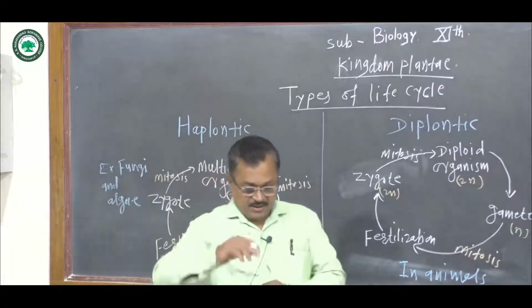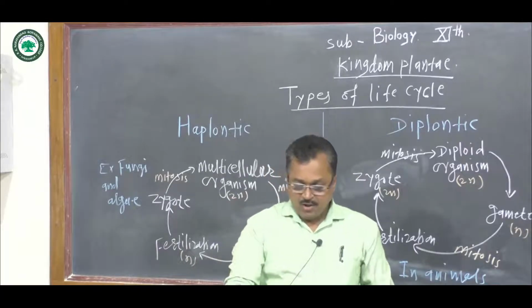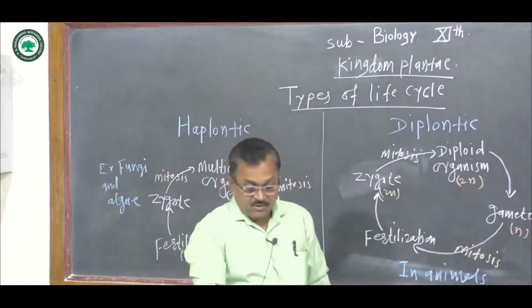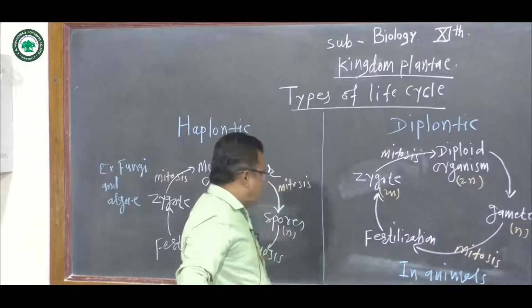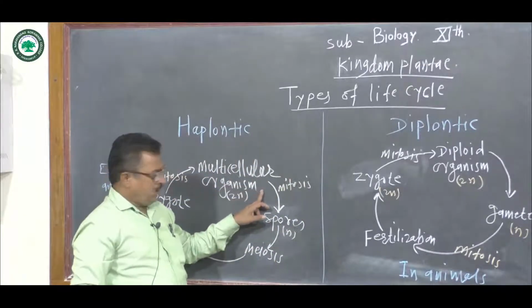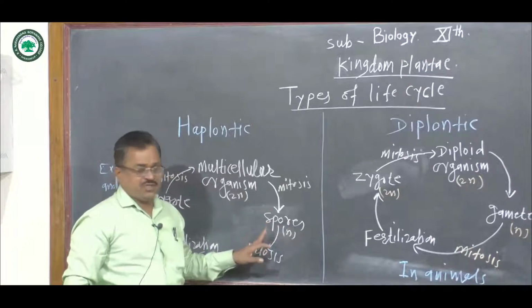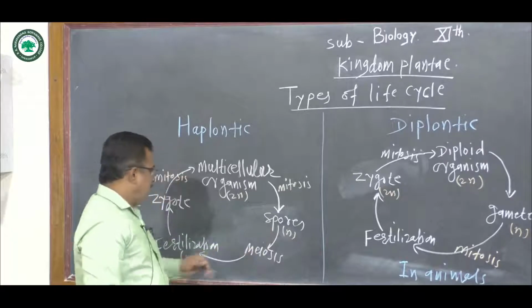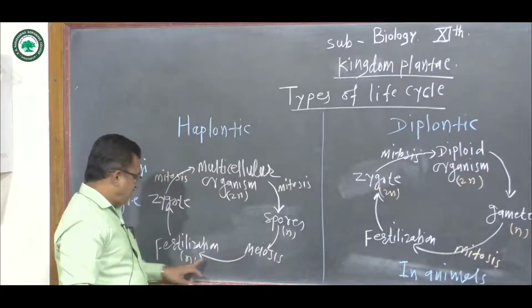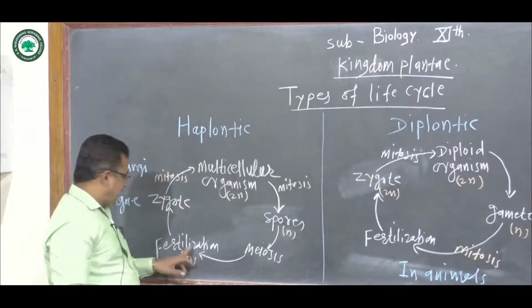Then that results in the formation of single haploid cells or multicellular organisms. These forms produce the gametes. Multicellular organism, they produce the gametes. Spores are formed by meiosis, and then these gametes fuse to each other, that is fertilization takes place.